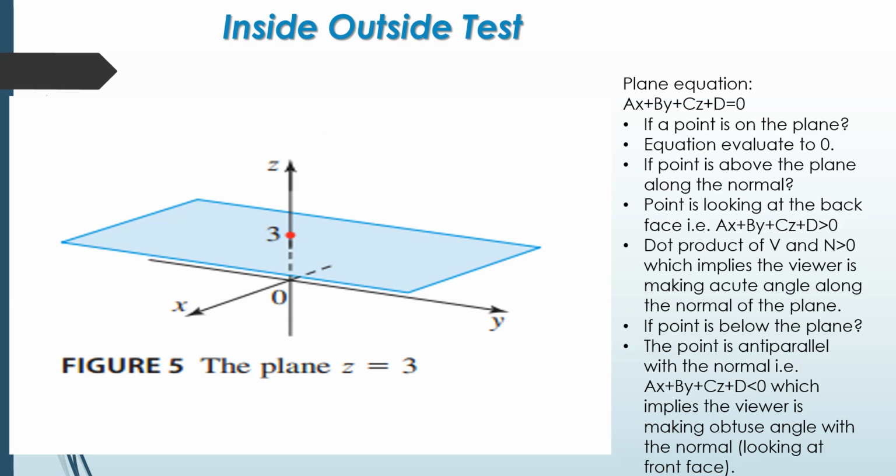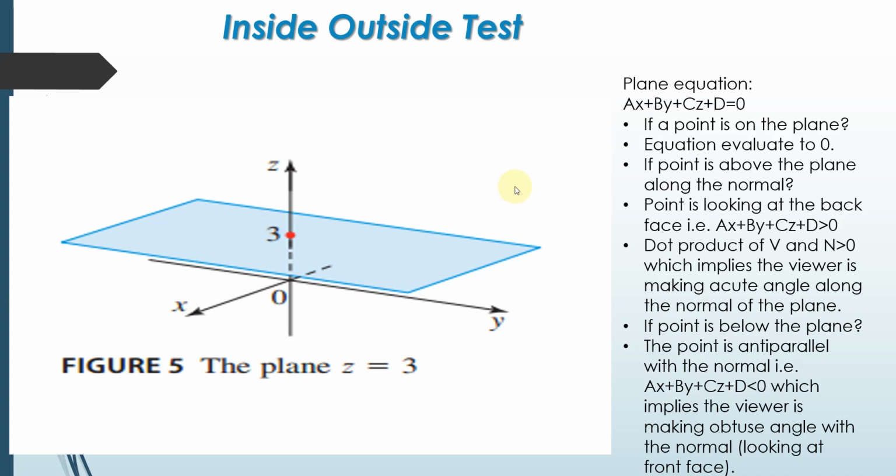The dot product will be more than 0, which means that it makes an acute angle with the positive z direction. And if this point is below this plane, which means the negative direction of the z axis, then the dot product will give us a negative value, because the angle made is obtuse, which means that this point is below this plane.